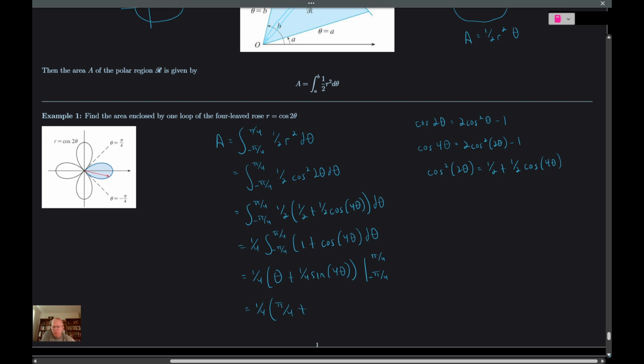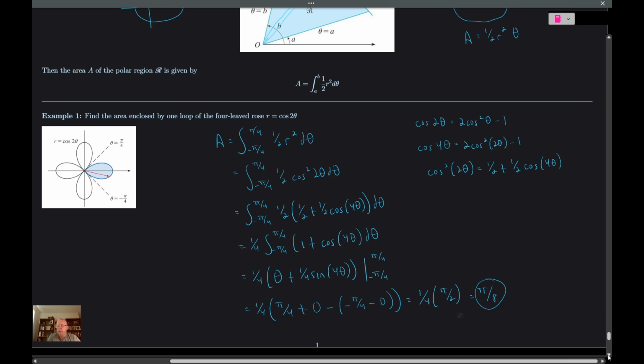Sine of pi is 0. So we have 0 and then minus. Now let's plug in the negative pi over 4. So negative pi over 4. Again, sine of negative pi would be 0, so we can just subtract 0. So this is pi over 4 plus pi over 4. So 1/4 times pi over 2, which is pi over 8. And there you go.